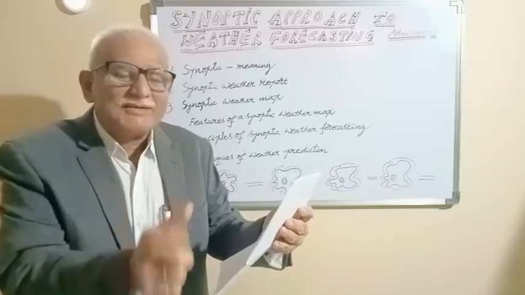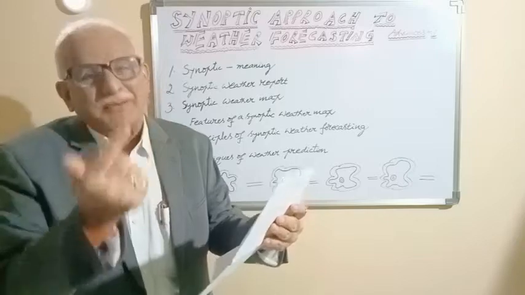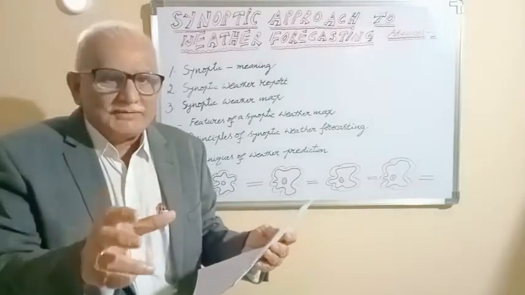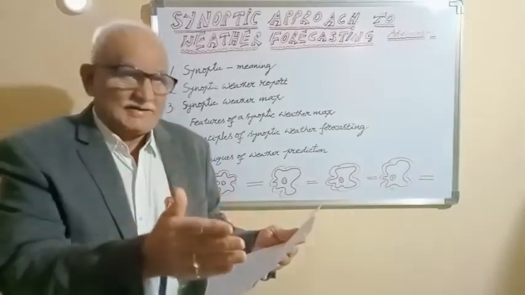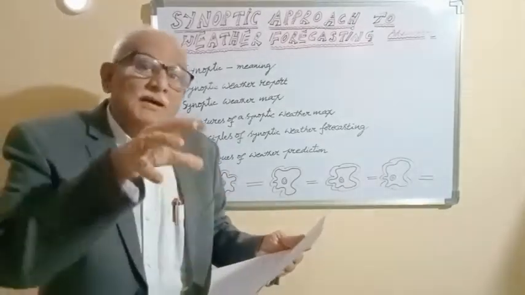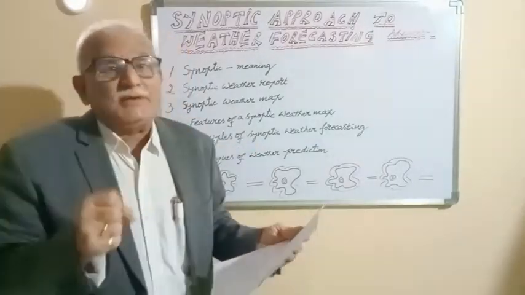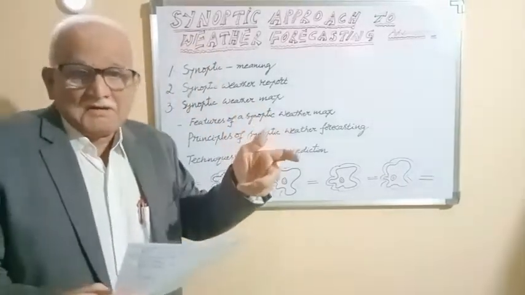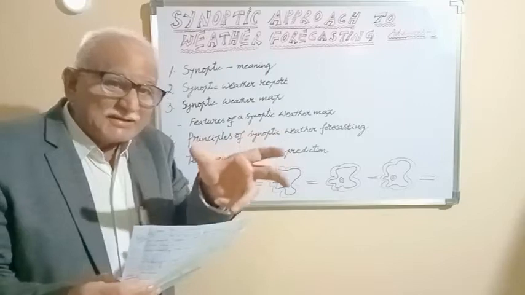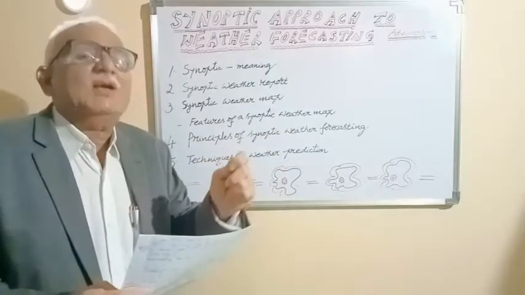This end product is known as a synoptic report. A report is an instant atmospheric condition by virtue of observations we take in a synoptic way, that means, in a view together, or view at a common point.